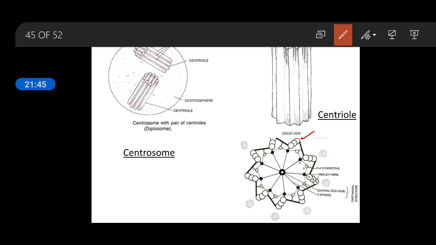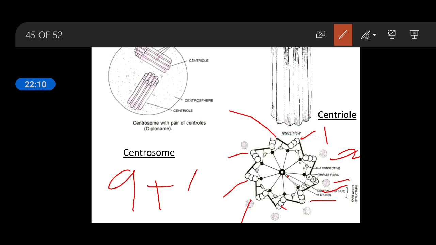Okay, these are 1, 2, 3, here A, B and C. A ring is complete, B ring is incomplete, C ring again incomplete. Okay, so 1 2 3 4 5 6 7 8 9, total 9 triplets are present. But in the center there is no microtubule, so it is 0.